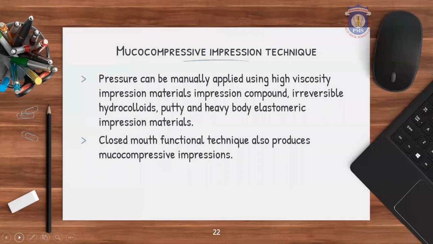The pressure can be manually applied using high viscosity impression materials like impression compound, irreversible hydrocolloids, putty and heavy body elastomeric impression materials. Closed mouth functional technique also produces mucocompressive impressions.